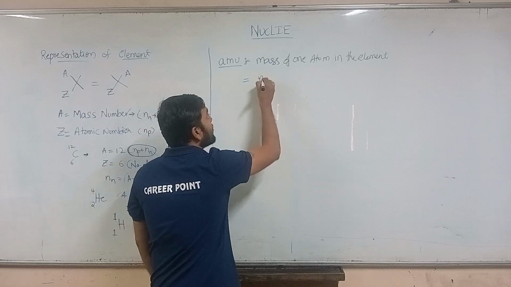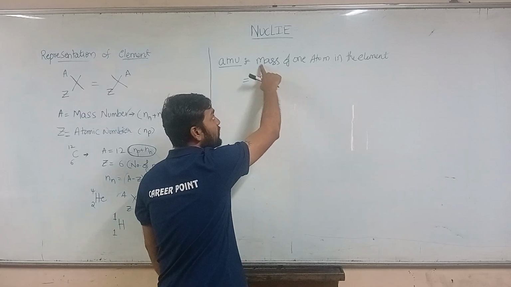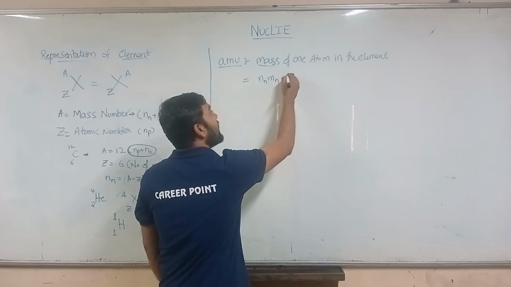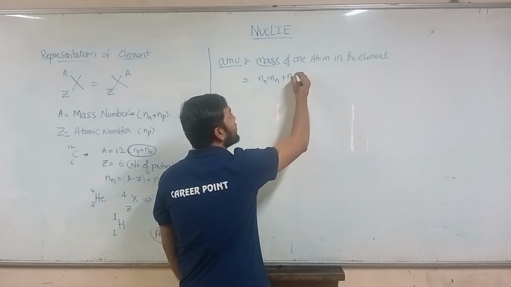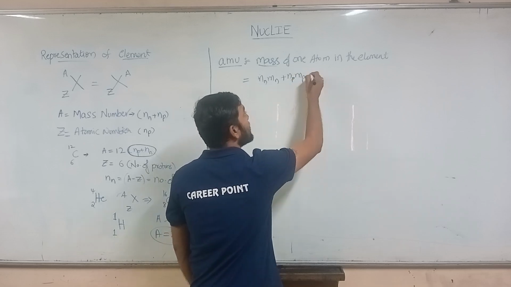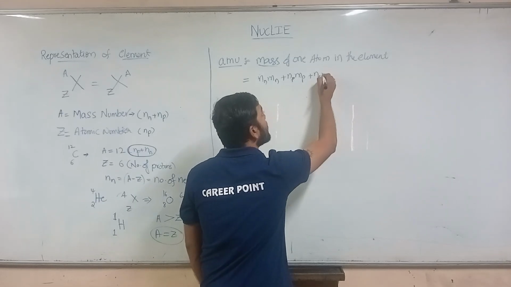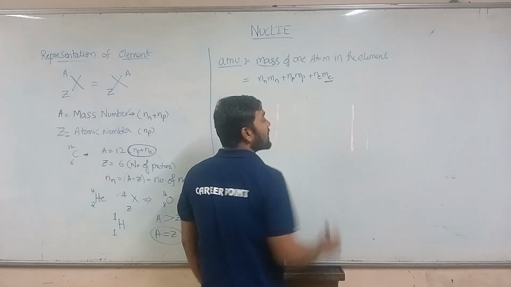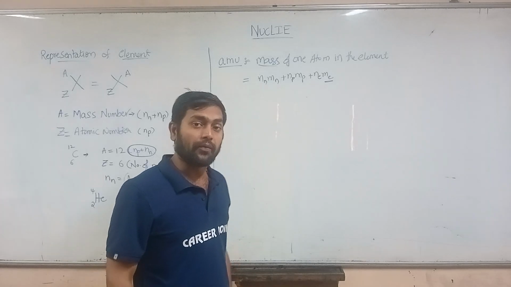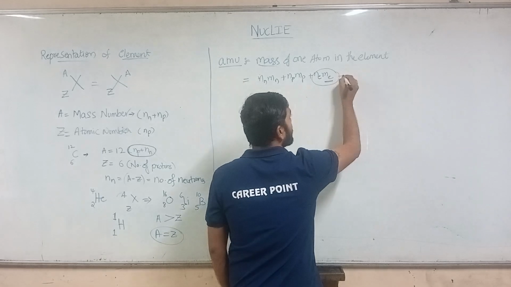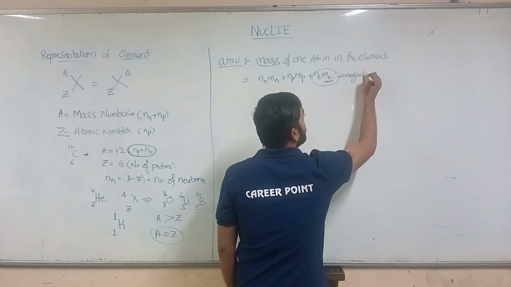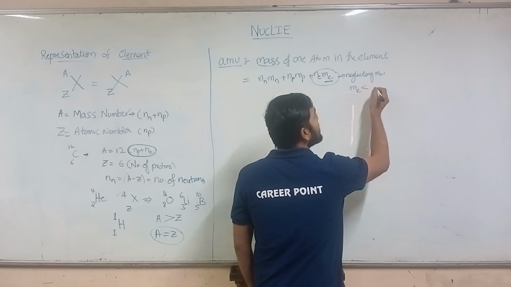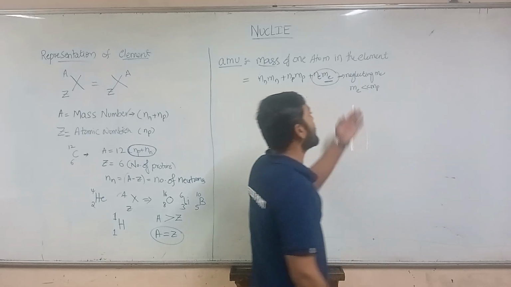Since we are taking mass, we have to take n number of neutrons times the mass of neutron, plus n number of protons times the mass of proton, plus the number of electrons times the mass of electron. The mass of the electron is very much less than the mass of the proton, so for that reason we are neglecting the mass of the electron.